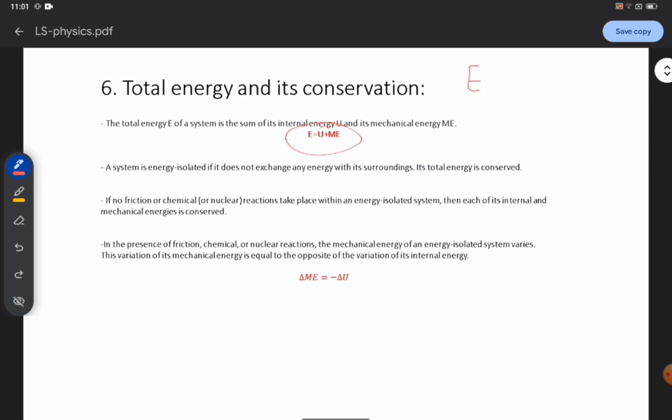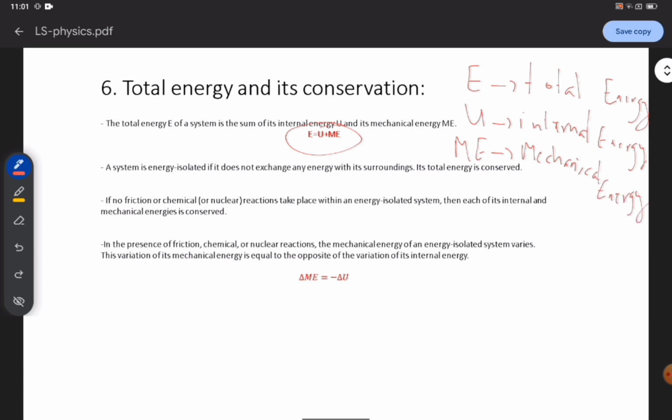So we have E is the total energy, U internal energy, and ME the mechanical energy. A system is energy isolated if it does not exchange any energy with its surroundings. In this case, its total energy is conserved.